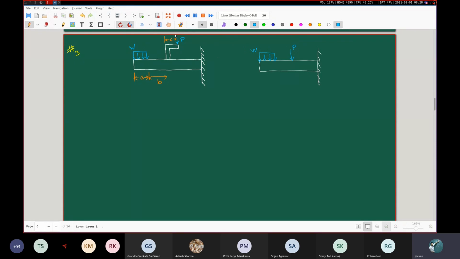But there is a little bit of a difference. You see, this force is being applied here, and I am suddenly translating that force from here to somewhere here.